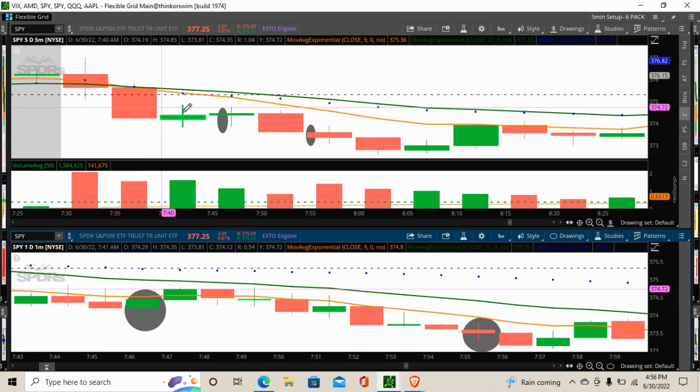So I was essentially waiting on a pullback to VWAP for my entry, but I ended up entering around 374.72, and then a close above VWAP was going to be 375.19. So I had about a, let's see here, 374.75.